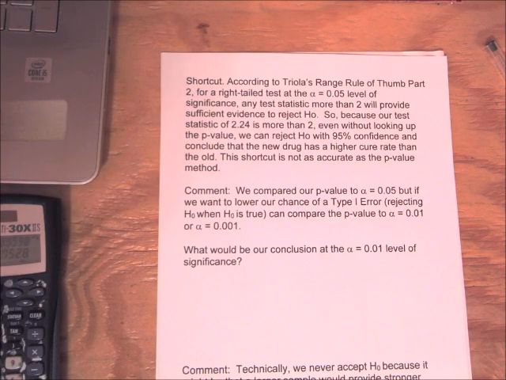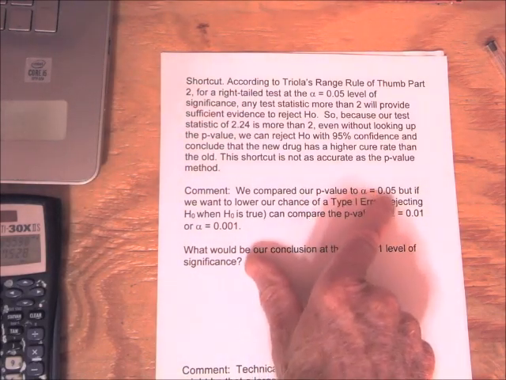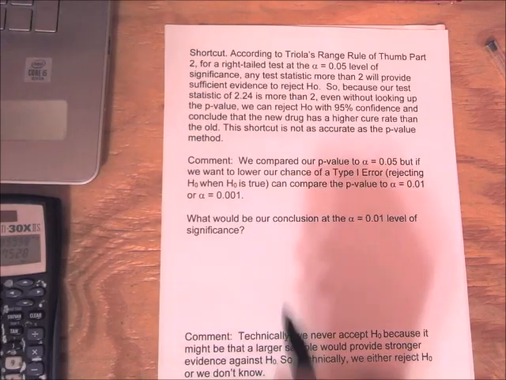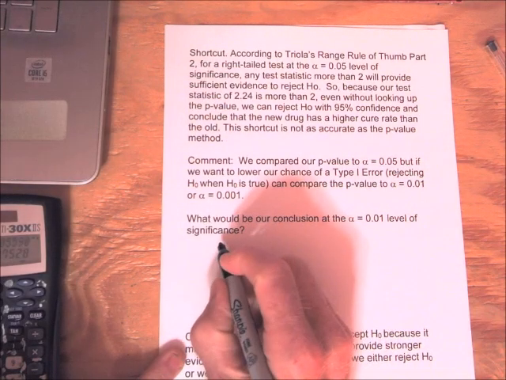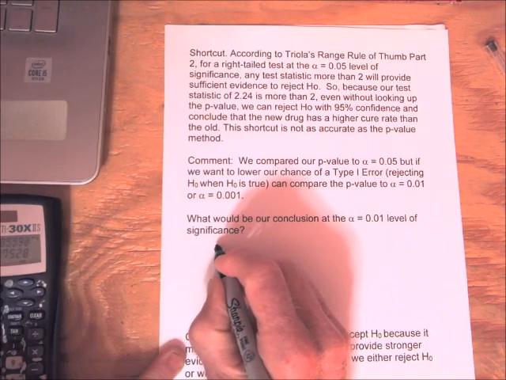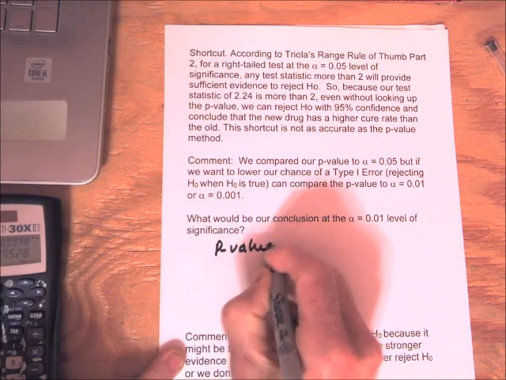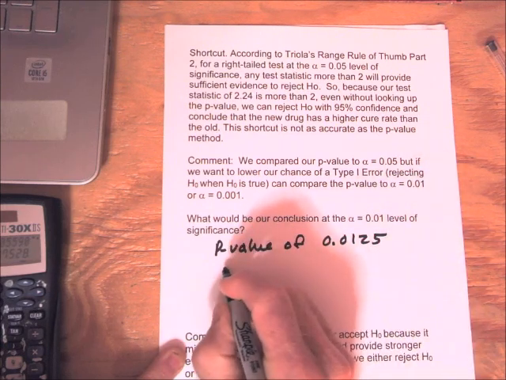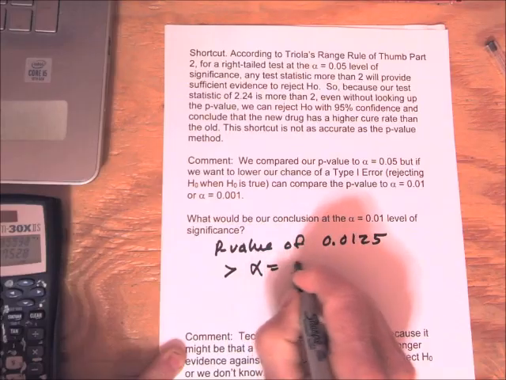Okay, so a comment: we compared our p-value to alpha equal 0.05, but if we want to lower our chance of a type 1 error, which would be rejecting h0 when h0 is true, we can compare the p-value to 0.01 or 0.001. So if we had used alpha equal 0.01, in this case the p-value is more than alpha. 0.0125 is greater than alpha equal 0.01.